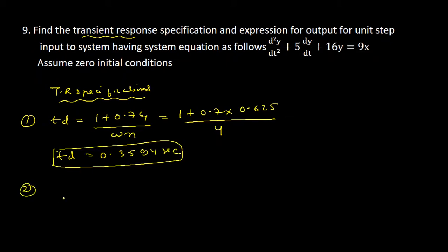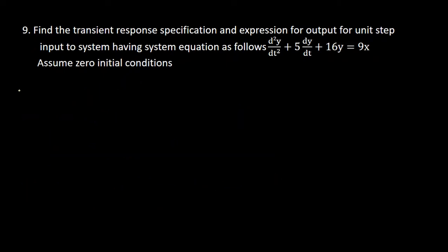Second specification is peak time Tp, which is equal to pi upon omega d. Pi divided by the omega d value 3.1225 is equal to 1.0061 seconds.